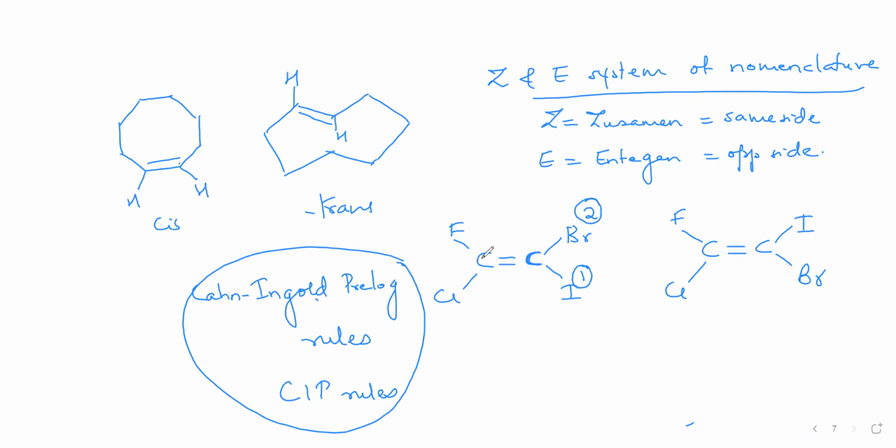Now going to this carbon. This carbon also has two groups, that is chlorine and fluorine. Which is higher in atomic number? Chlorine. So chlorine gets a higher priority, fluorine gets a lower priority. Are similar priority groups on the same side of the double bond or on opposite sides?